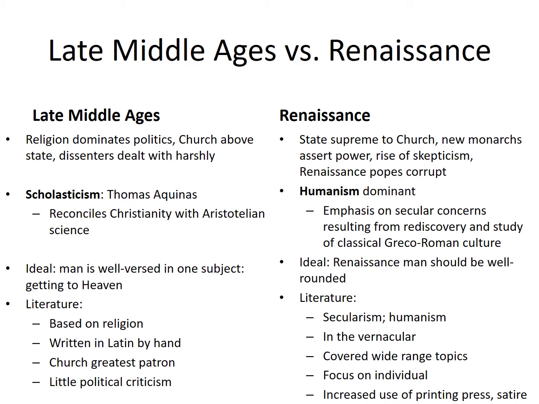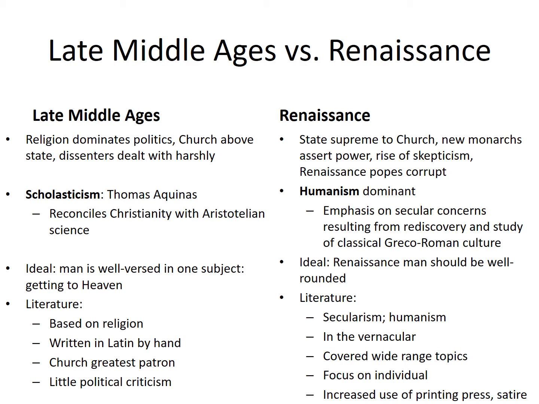We did see the beginning of an intellectual movement with the scholastic movement, Thomas Aquinas, trying to reconcile Christianity with Aristotelian science. The ideal of the Middle Ages was that man was well versed in one subject, if he was educated, but the preoccupation of most people was getting into heaven. And of course, you needed the church to do that.